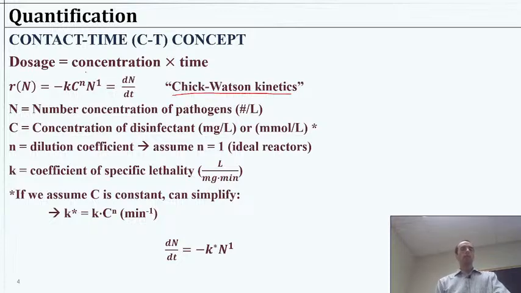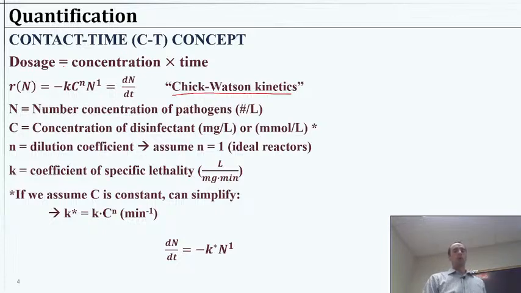Fortunately, we can typically assume that C to the n is constant because we don't have a whole lot of demand there. If we use ozone, maybe that would be a bit different, but for the sake of chlorine and for the sake of this class, we're going to typically assume that that concentration is constant.